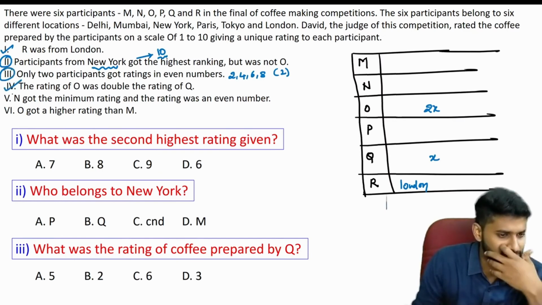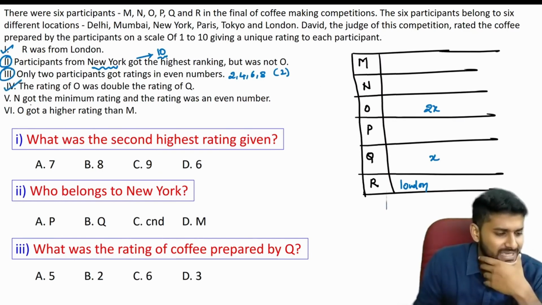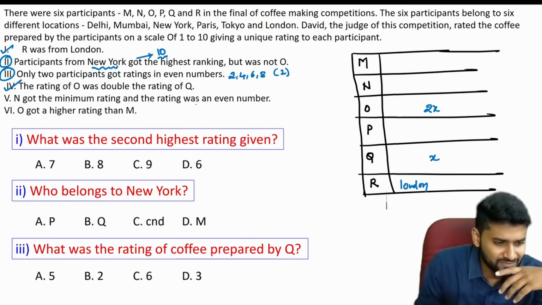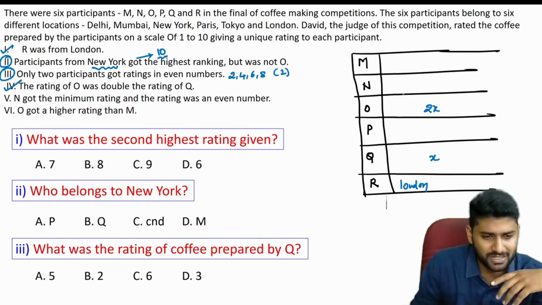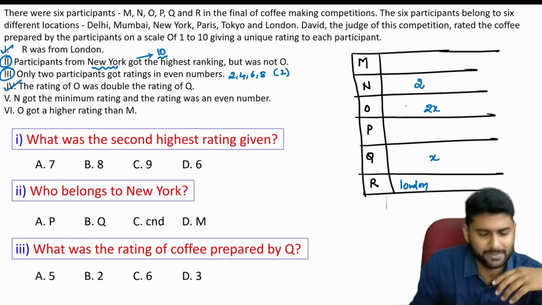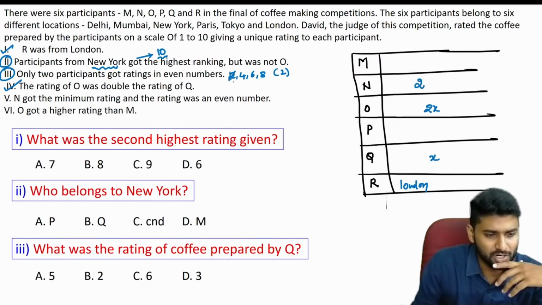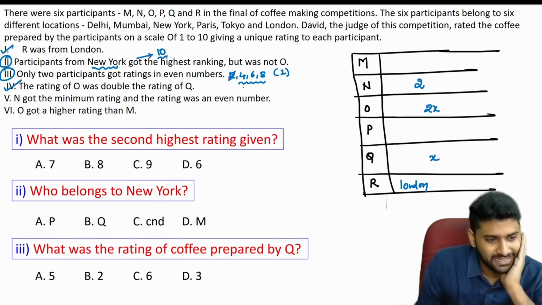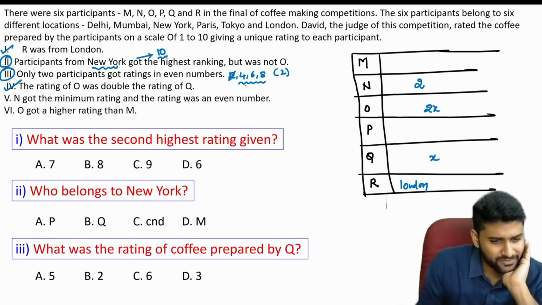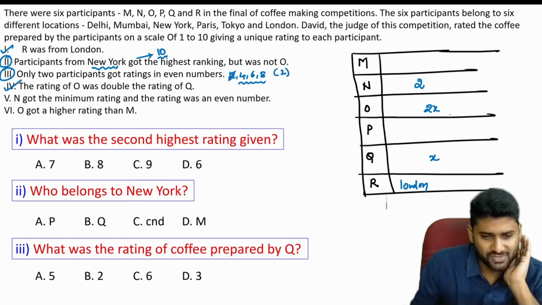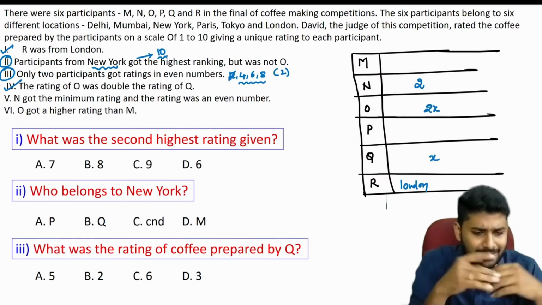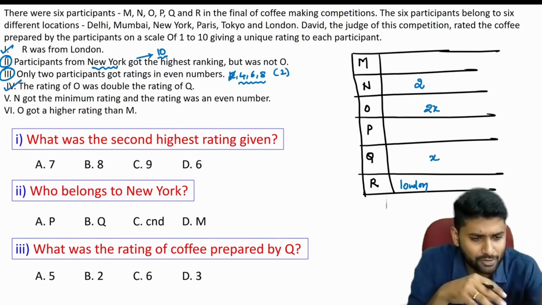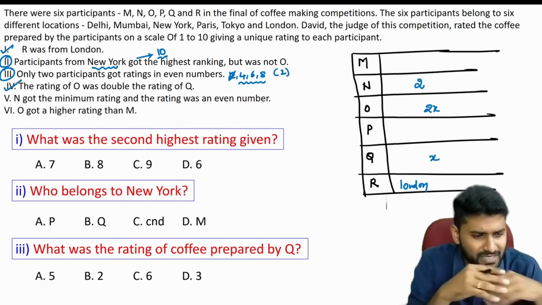Still, the third point is not considered in our table. N got the minimum rating and the rating was an even number. Guys, we can conclude that N got the rating 2, since they clearly mentioned it's the minimum. So 2 is done. Now you have to take one of the numbers, either 4 or 6 or 8. So definitely the X value should be an odd number.